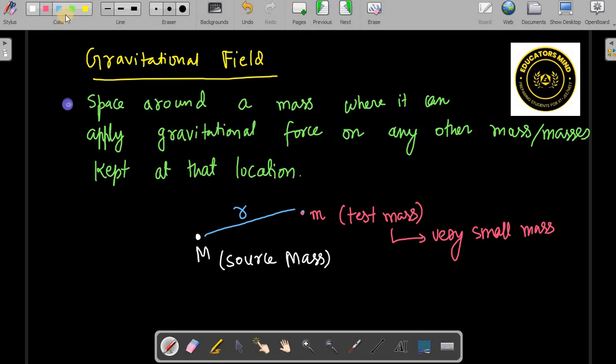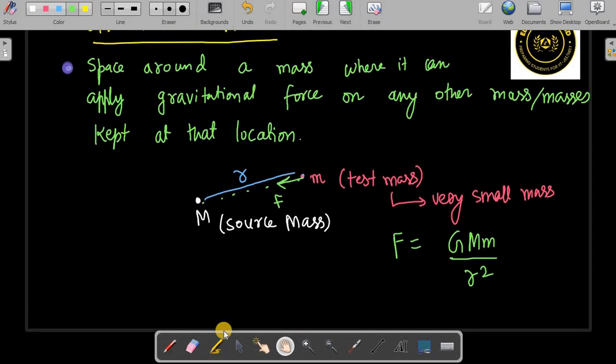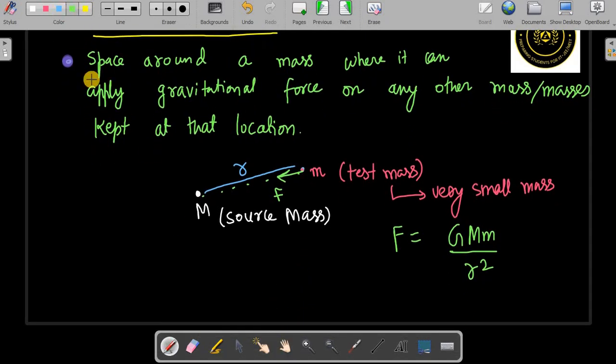So what will happen? This test mass will experience a force, and the force will be in this direction, towards the source mass, and this force will be Gm by r square. Now how do you define field mathematically?